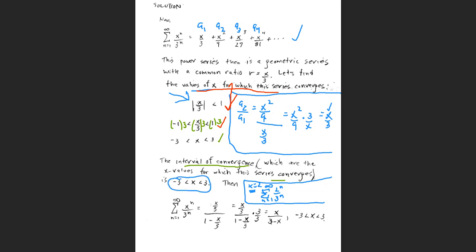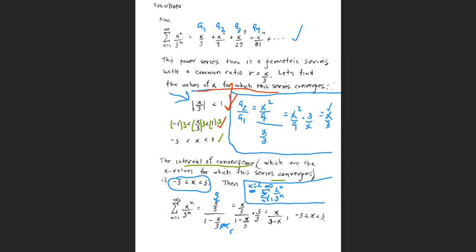Now, what's the general formula for the power series? Again, remember the sum of a geometric series whose common ratio has absolute value less than 1 is a divided by 1 minus r. The common ratio is x over 3, and the first term is x over 3. You can see that up here, here's your first term.